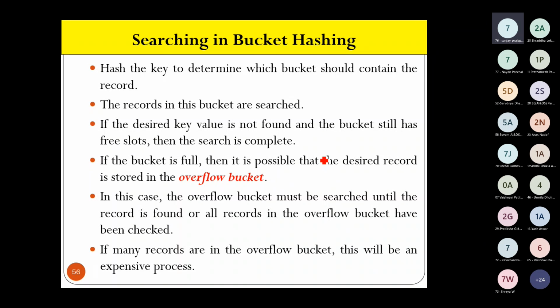You will search for 33 in the bucket whose address is 3, and 33 is not found there because the 3 records there are other than 33. After searching those 3 records, you have to search for 33 in the overflow bucket, which has 100 elements.